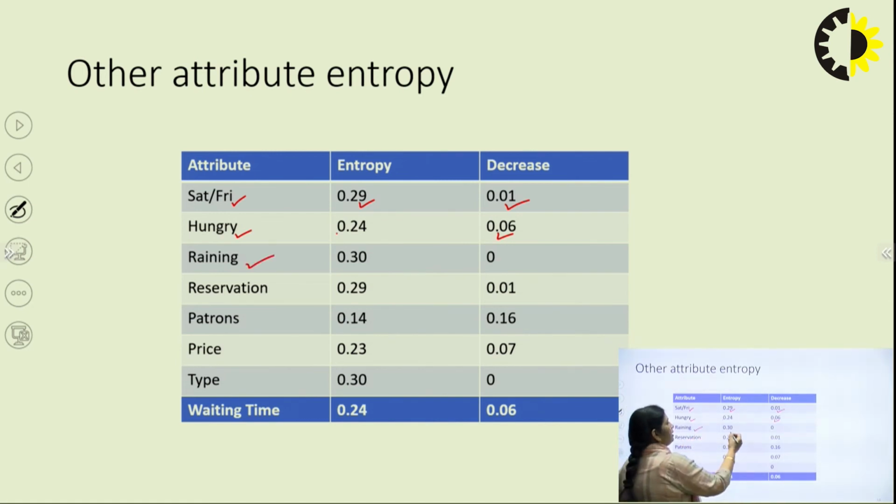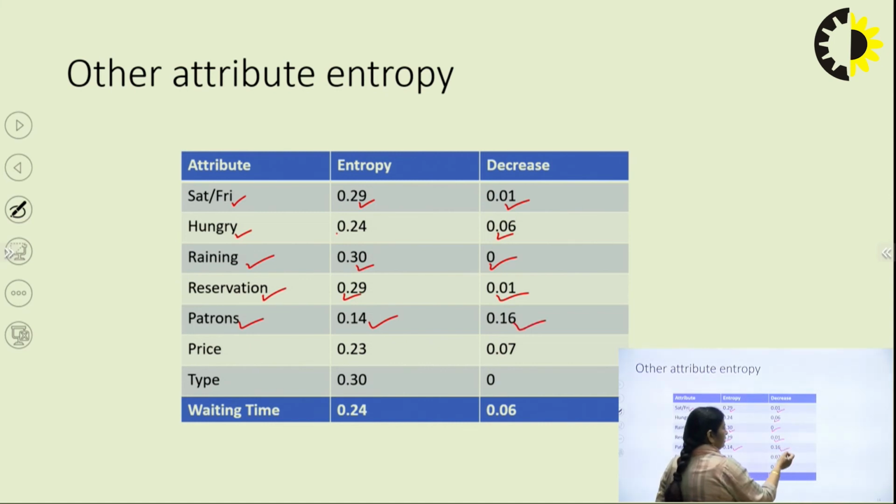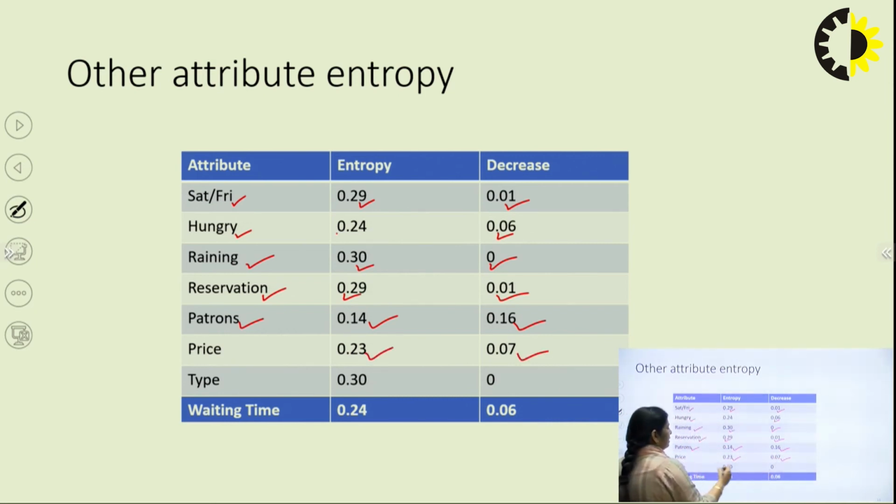For Raining, we are getting 0.30, so the decrease is 0. For Reservation, it is 0.29, so the decrease is 0.01. For Patrons, it is 0.14, so the decrease is 0.16. For Price, it is 0.23, so the decrease is 0.07. For Type, it is 0.30, so the decrease is 0. For Waiting time, it is 0.24, so the decrease is 0.06.